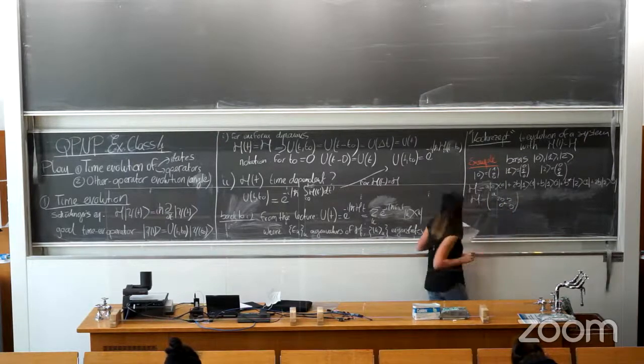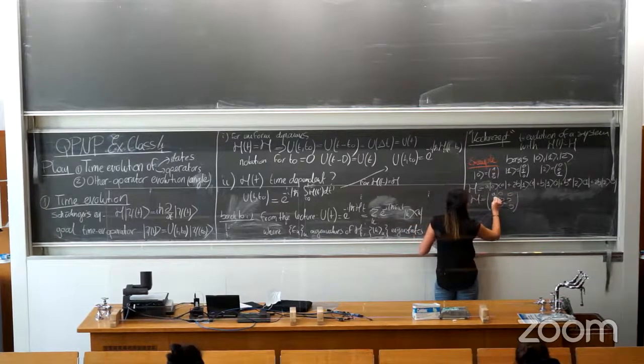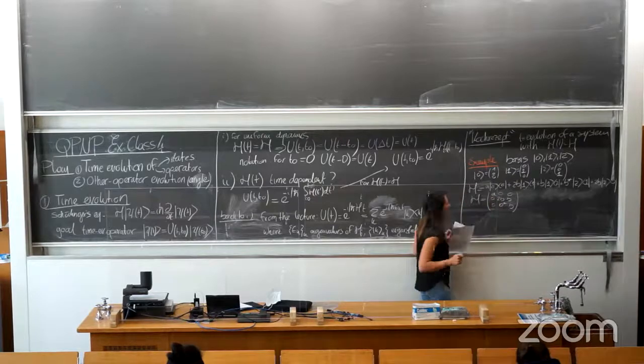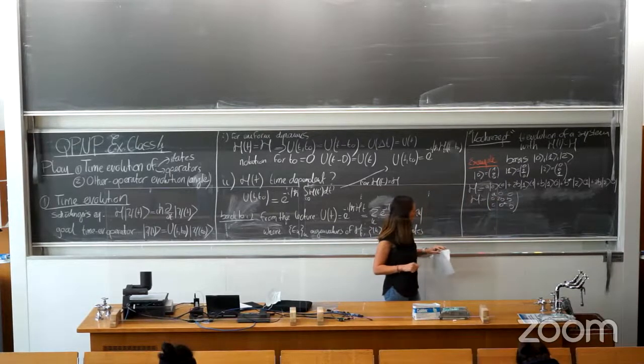These other elements are 0. But yeah, many times we just leave away the elements which are 0 because many matrices are sparse. Okay.